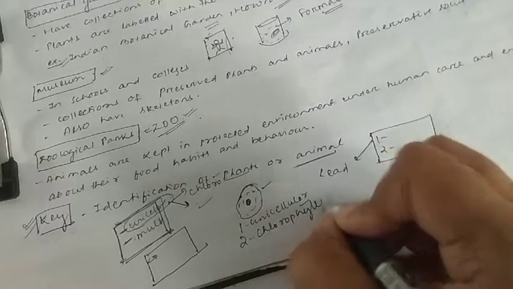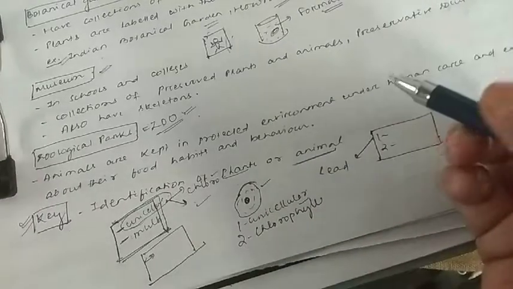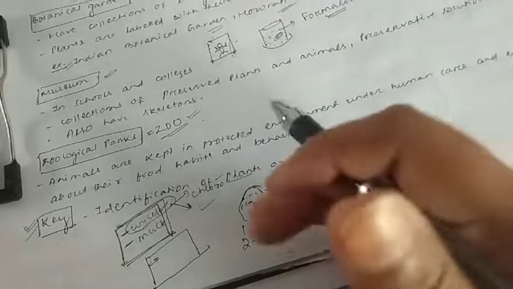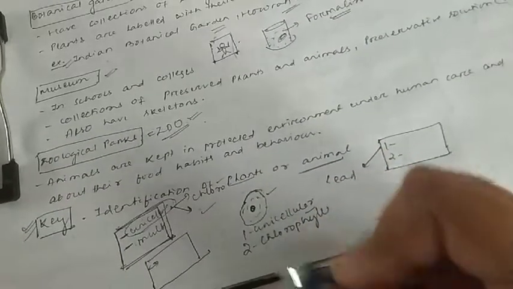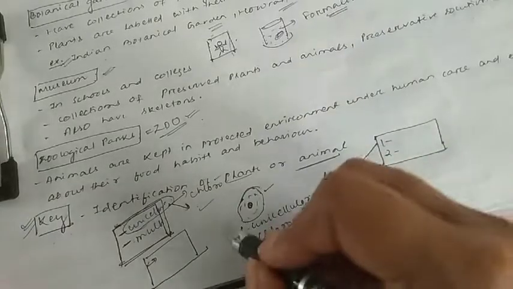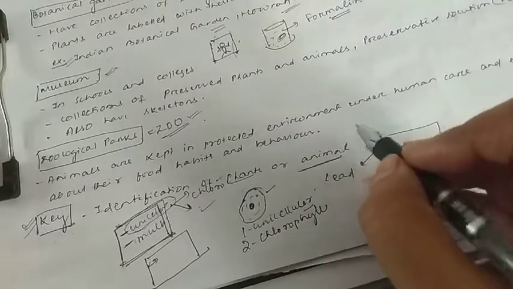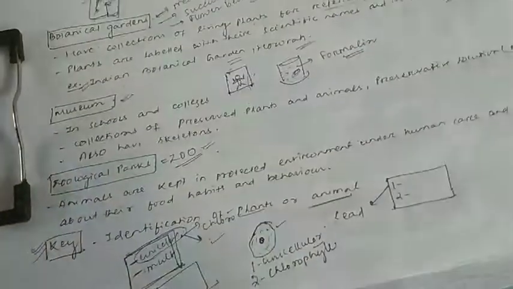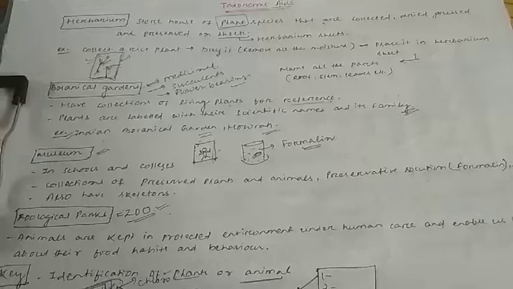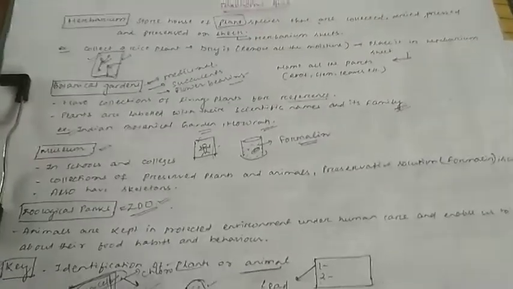Then it can be either a bacterium or a plant. It can never be an animal. So like this, you will have a bunch of characteristics, and after that you can classify it in a particular group. Okay, so these are the taxonomic aids that we use to classify and identify a particular animal or plant.